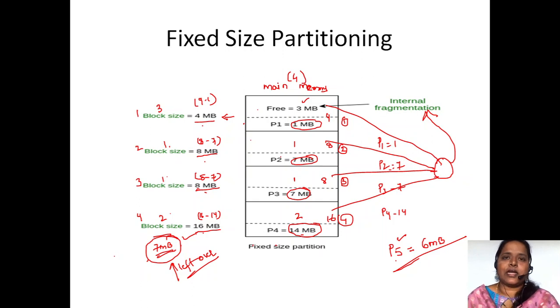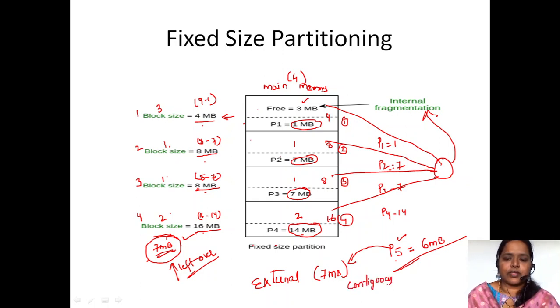Because that leftover space is not contiguous. This we call an external fragmentation. Even though we have 7 MB of memory, we can't accommodate 6 MB over here, because it is not contiguous. So that is the external fragmentation.